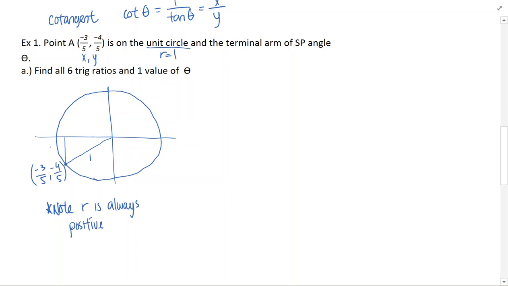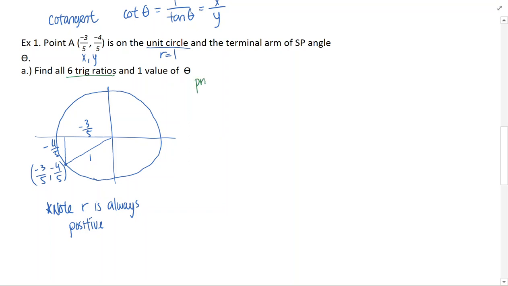The height, the y value, is -4/5, and that can be negative, and the x is -3/5, which can also be negative. Now that we've done our sketch, we need to find 6 trig ratios and 1 value of theta. Let's first start with the 6 trig ratios.